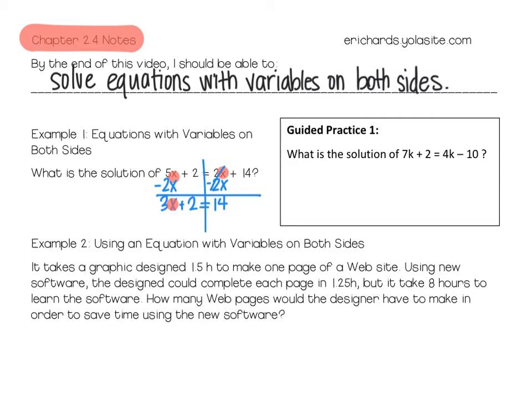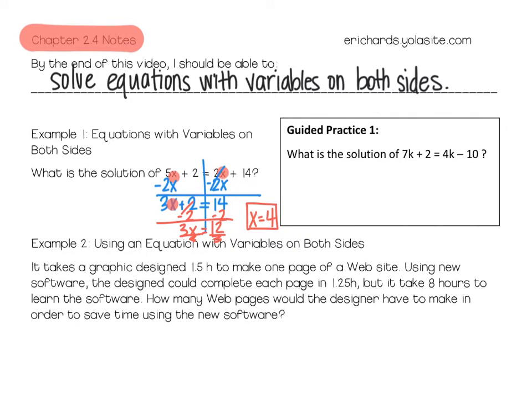So with the order of operations, I would multiply by 3 and then add 2. If I'm going to solve, I'm going to do the opposite of the order of operations. So subtract 2 first, and then divide both sides by 3. So you get x equals 4.